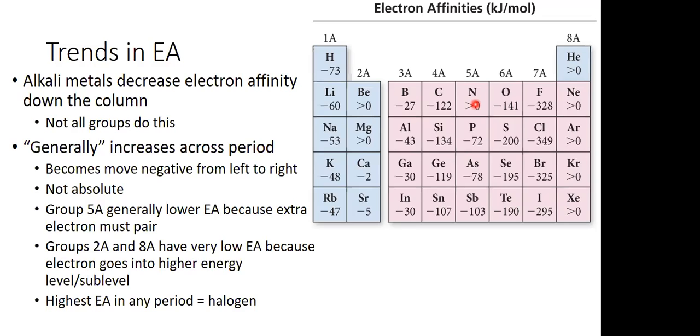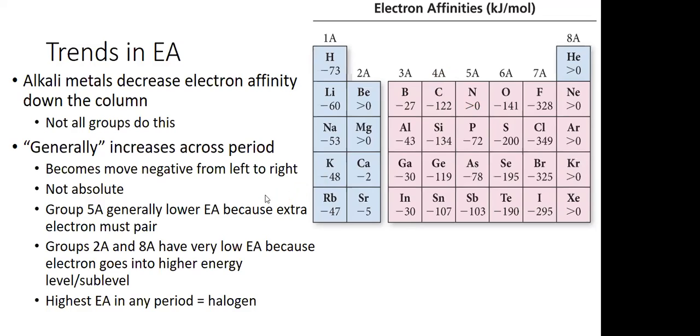You might want to write that down if you have trouble remembering that. Nitrogen does not want to do that. So carbon has the most negative electron affinity.